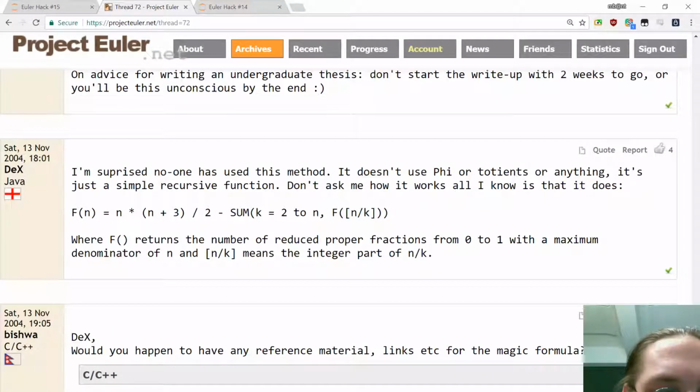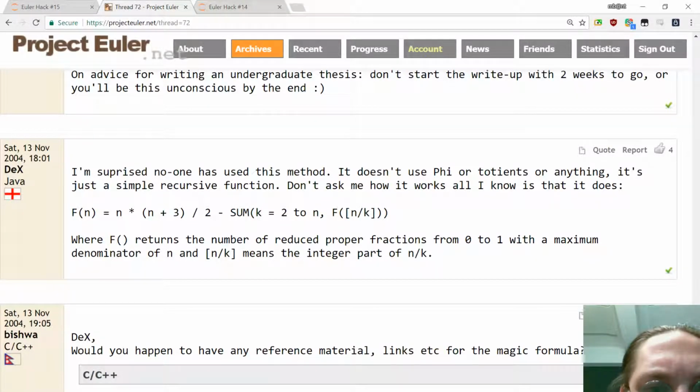Okay. F of n is recursively defined. F of n is n times n plus 3 over 2. Well, he has to be going down, doesn't he?